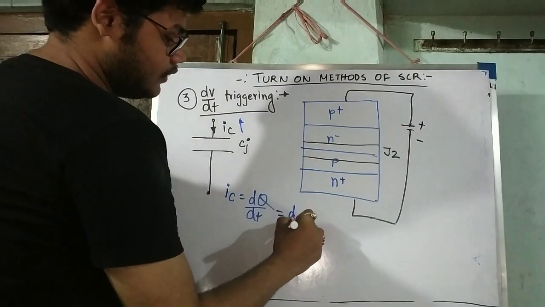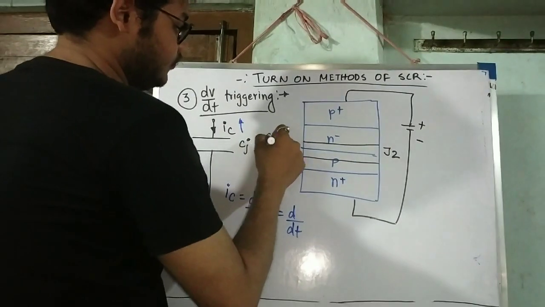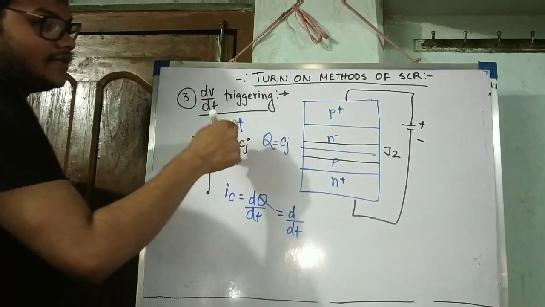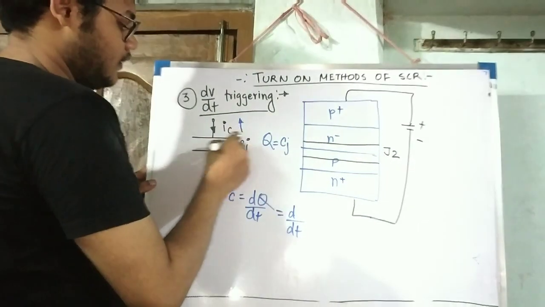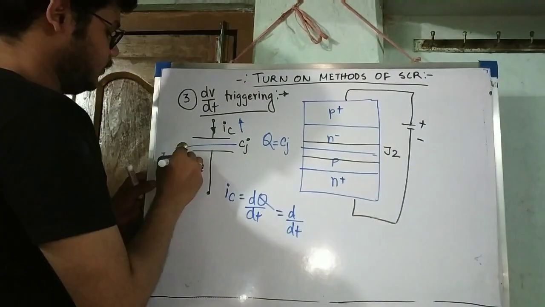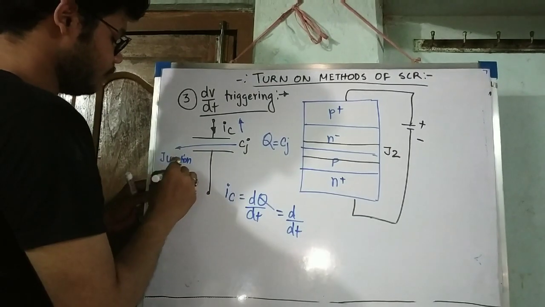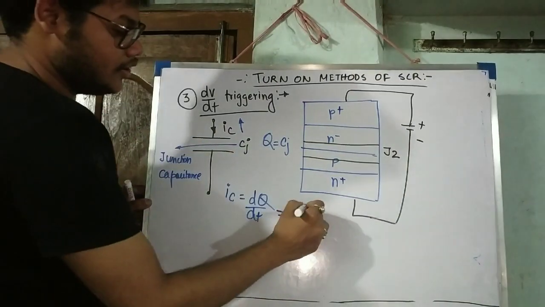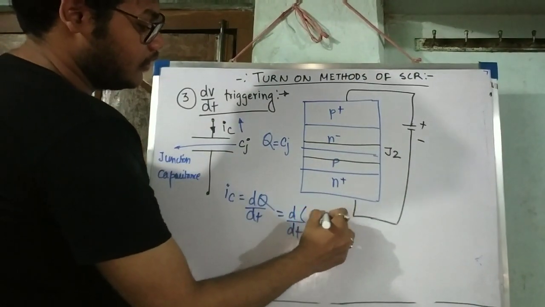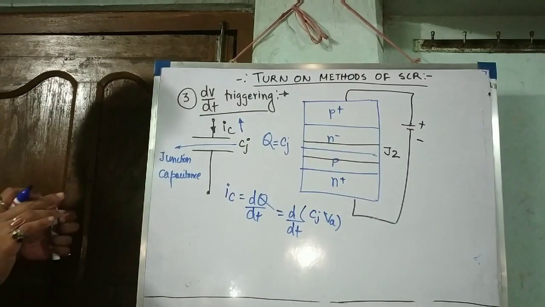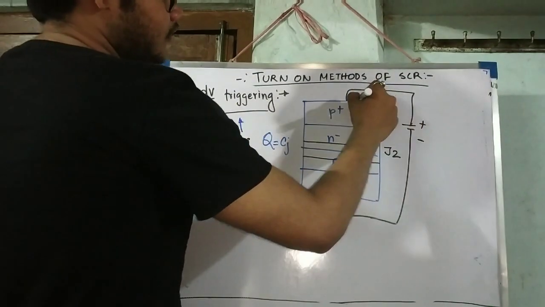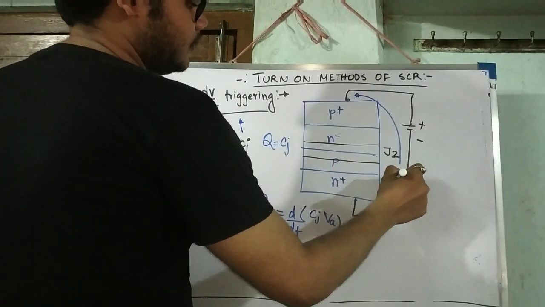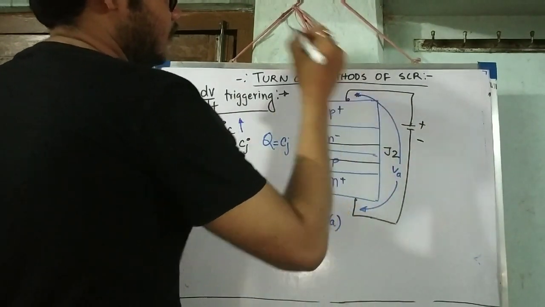And Q equals Cj, where Cj is the junction capacitance, and Q equals CV. VA is your anode voltage, the forward anode voltage. Let us consider this is your anode voltage, like this.